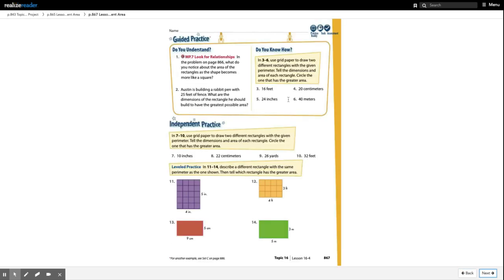So let's look back at the question. What do you notice about the area of the rectangles as the shape becomes more like a square? Would you say the area decreases, goes down, or increases?